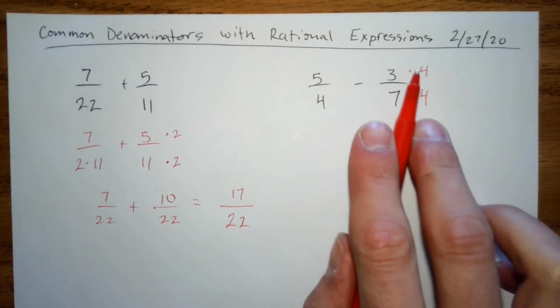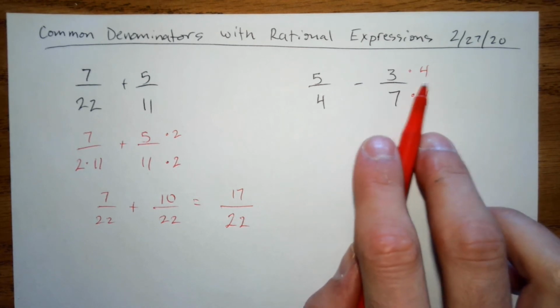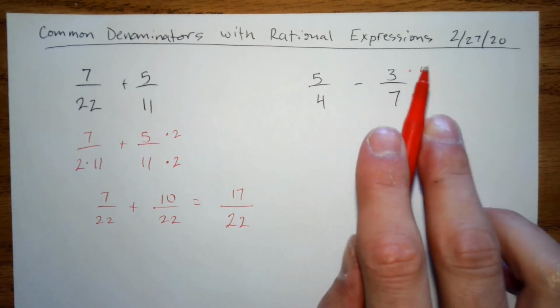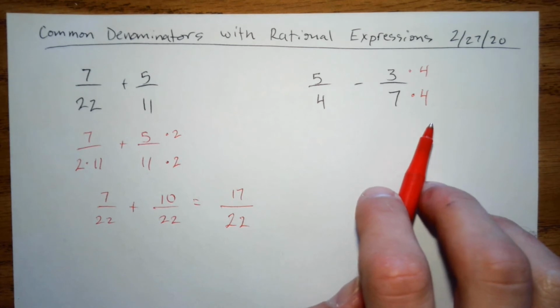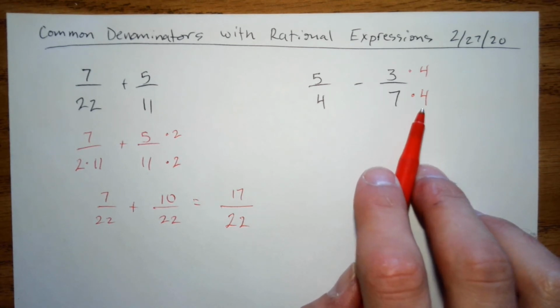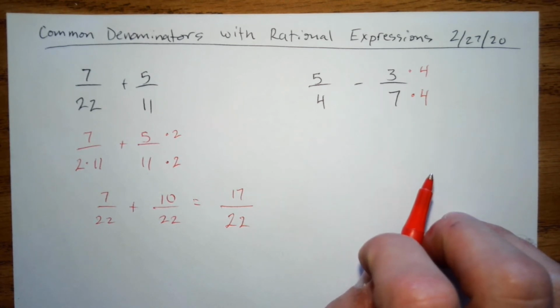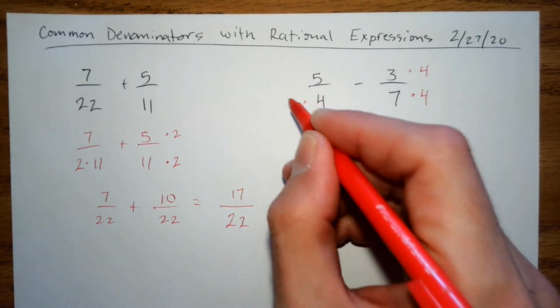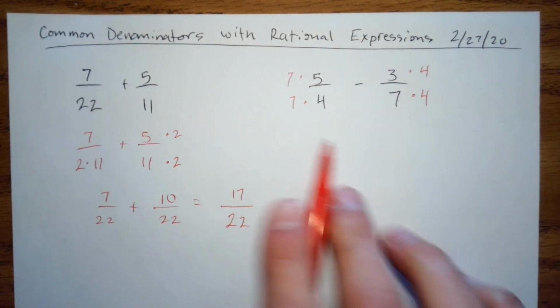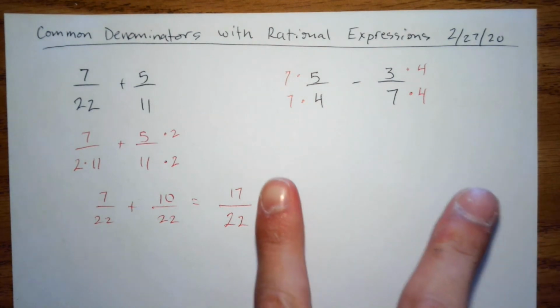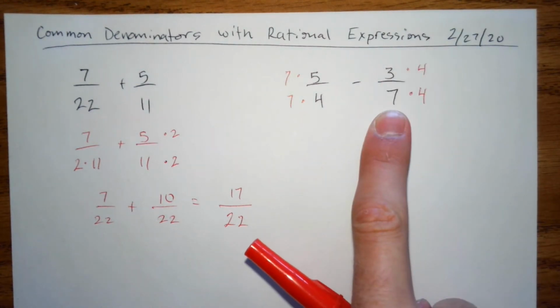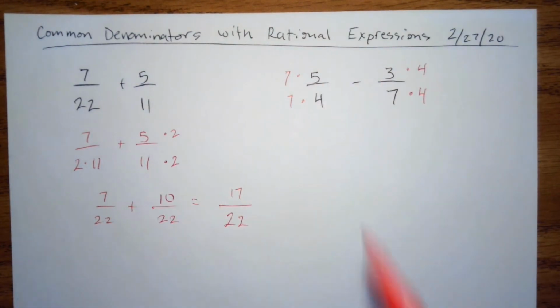So make sure you're doing the bottom and the top. If you don't, then you're not multiplying by, like, 4 over 4 is 1. If you don't do it in the top, then you're just changing the problem and not actually unreducing. So on these, this one's missing a 4, this one's missing a 7, so you have to multiply on each of them.